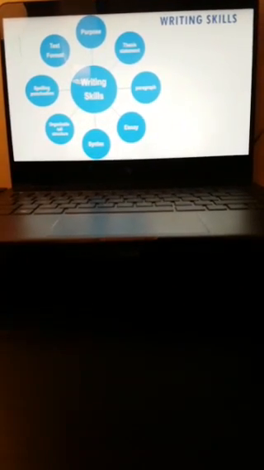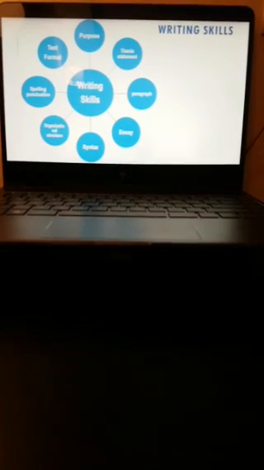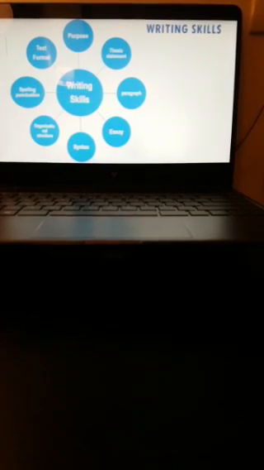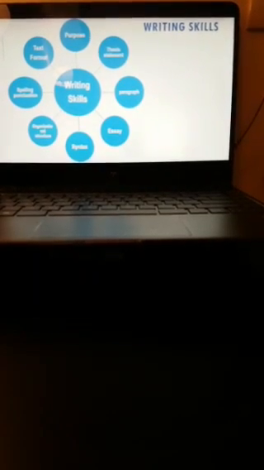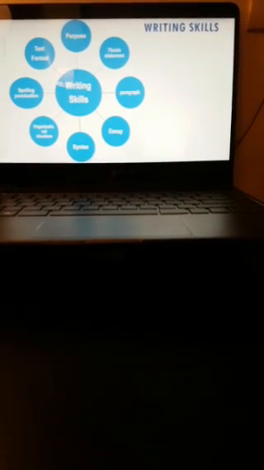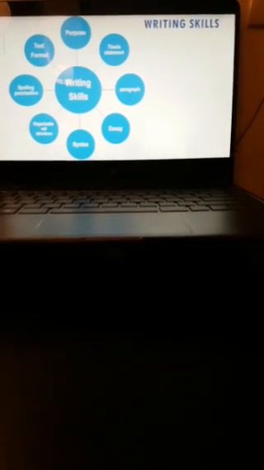We also have to check punctuation marks, capital letters. If we have several titles or headings, we should know which one is the main heading and where to put it, and which ones we put on the side, the subheadings, where we put them.